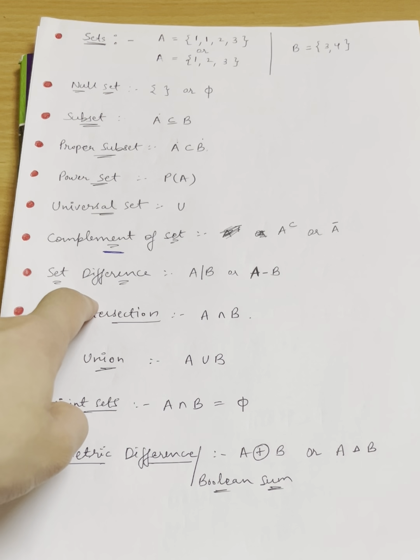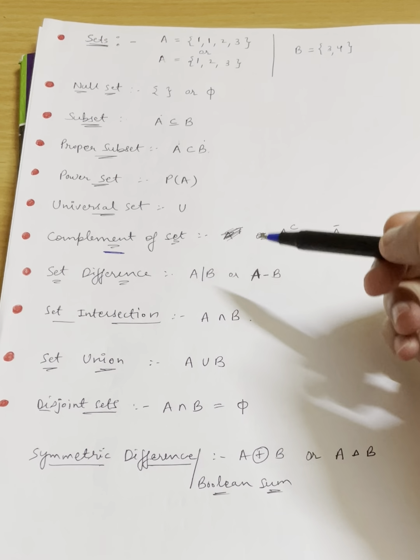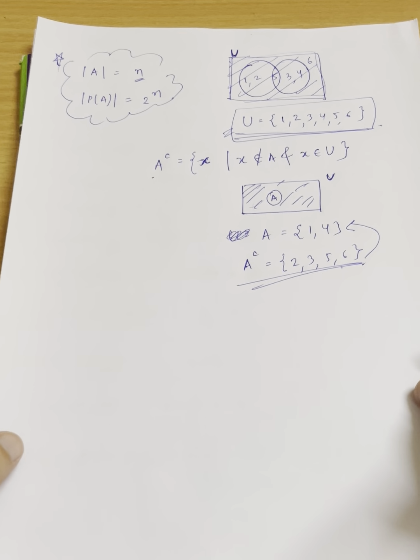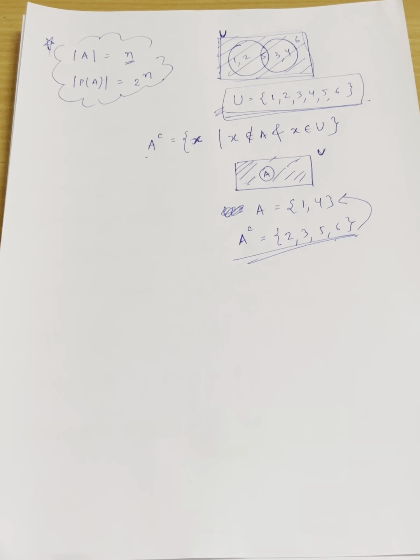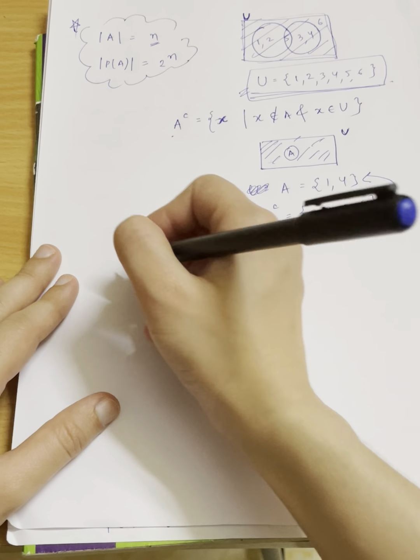The next one is set difference. So what is set difference? The representation of set difference is a bar or minus sign. Let's focus first on the mathematical way of representing it for all.